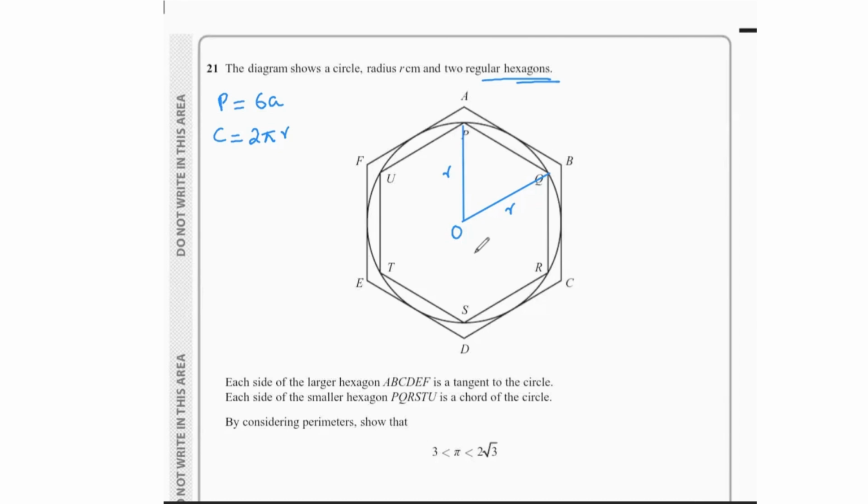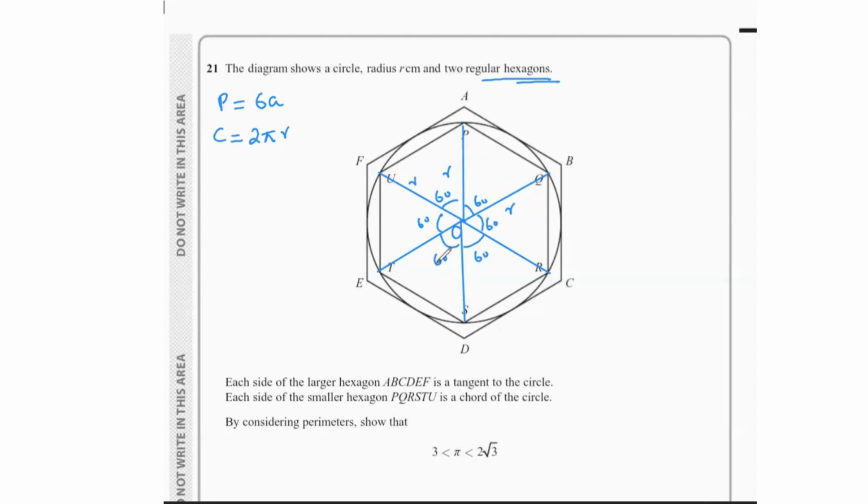Now, if it's a regular hexagon, if we divide the hexagon into 6 equal triangles, we can clearly see that all of these angles are going to be 60, because 360, which is the angle of a complete circle, divided by 6 is 60. So these are 60.